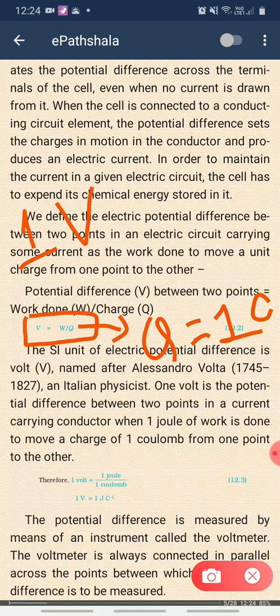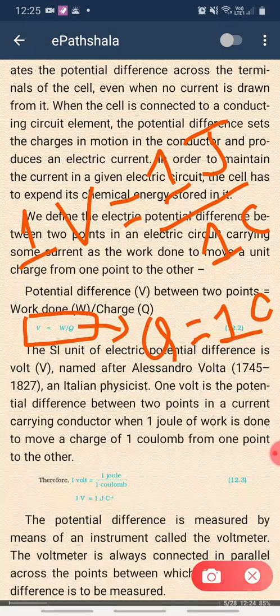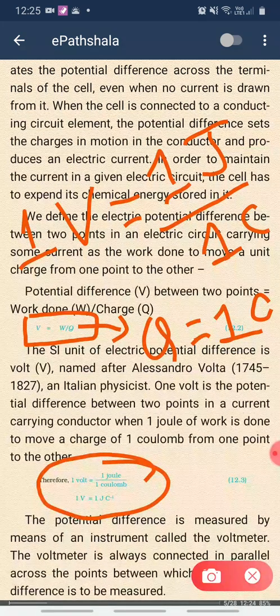The potential difference will be 1 volt only when 1 joule of work is being done to carry 1 coulomb of charge. So the amount of charge is 1 coulomb.